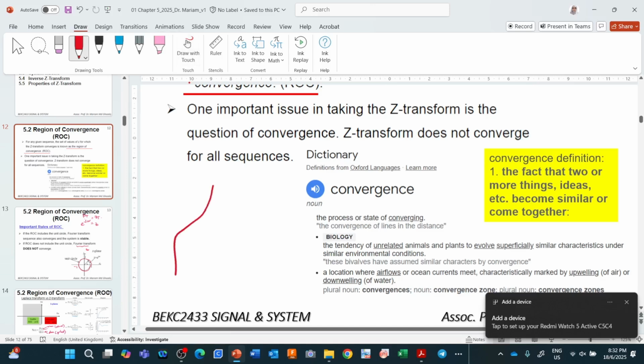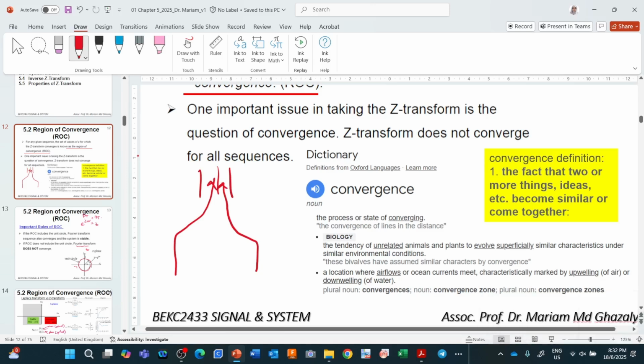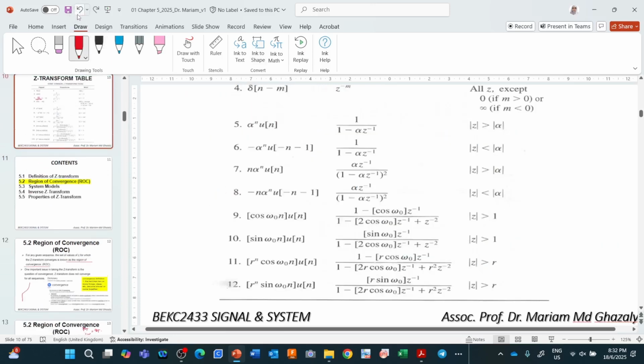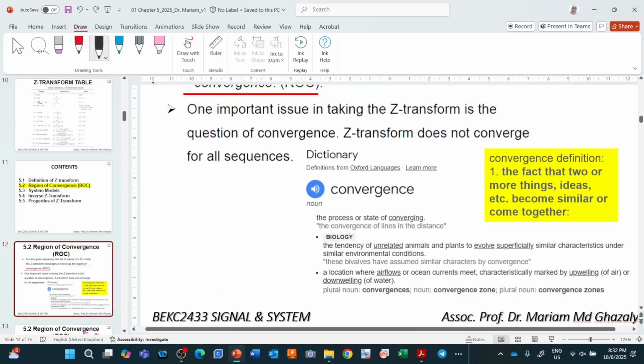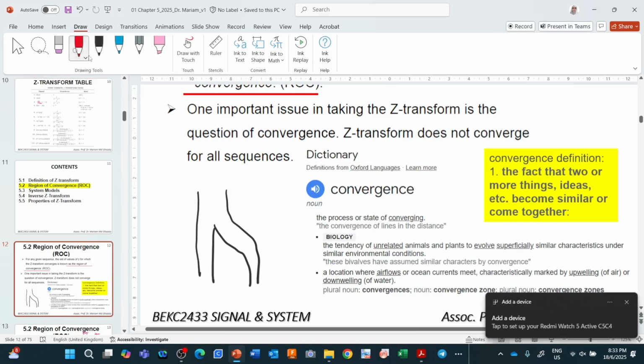So this line is one lane, this is the second lane, and in the end you have two lanes. No, not accident, this is two lanes.